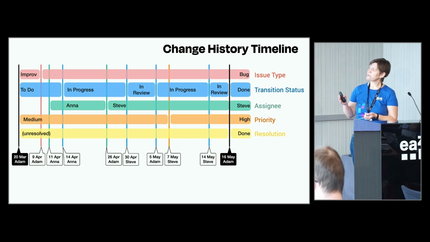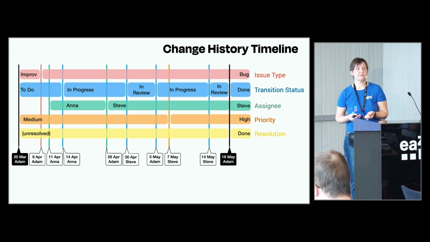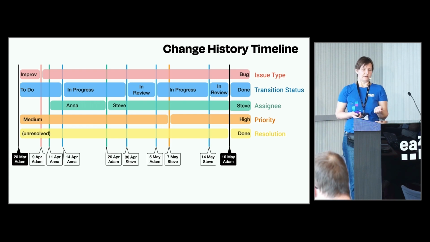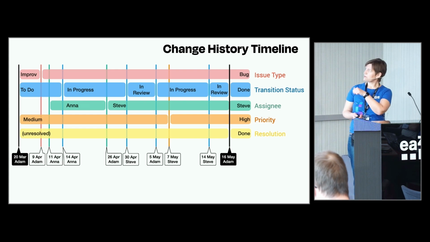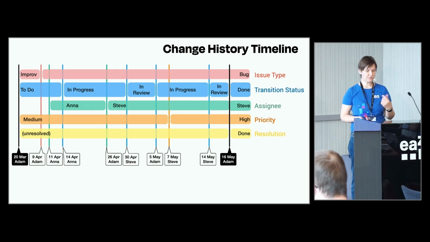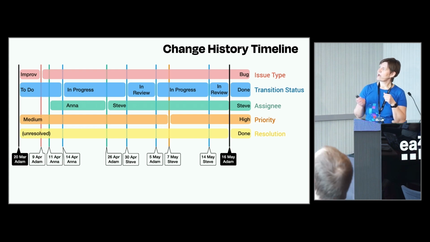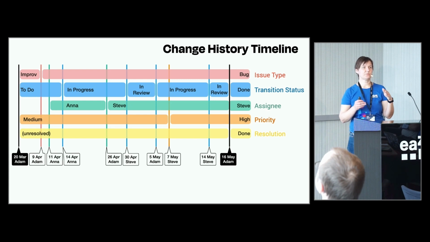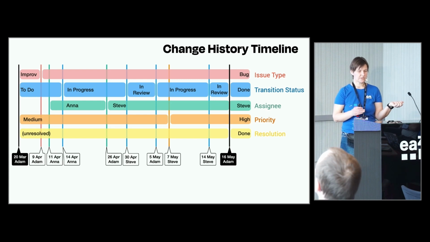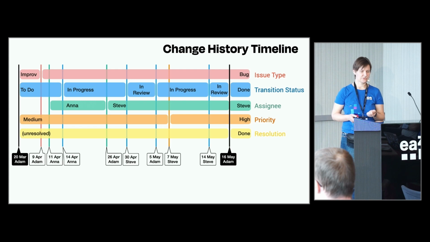And the vertical lines represent events. Each line has a specific color that matches the field so that we know which field was changed, when it was done, who did this, who was the transition author. And the black vertical lines represent the core events, issue creation and resolution.